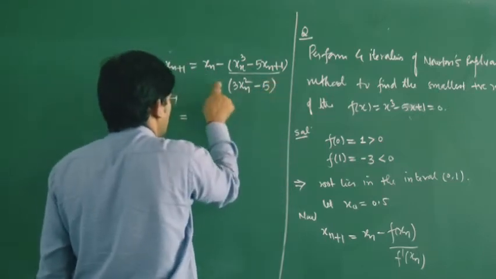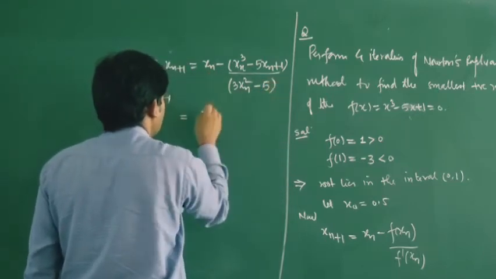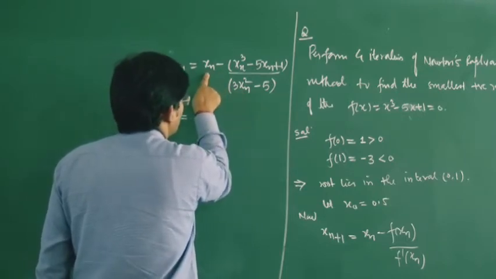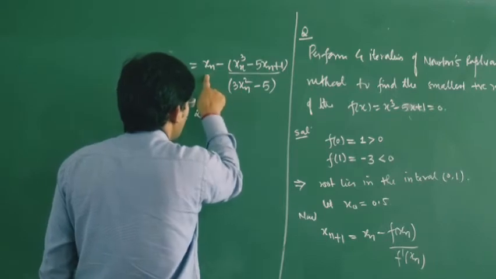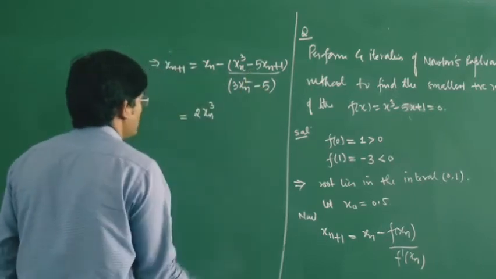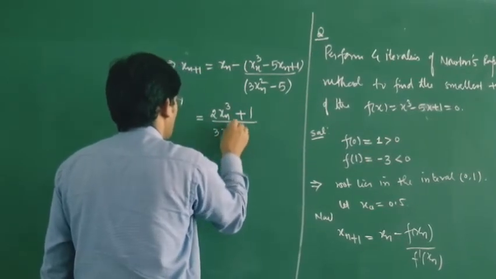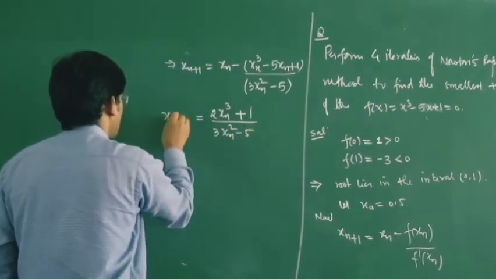On cross multiplication this gives 3x_n^3 - x_n^3, so we have 2x_n^3, then minus 5x_n plus 5x_n, which is 0. So x_{n+1} = (2x_n^3 + 1)/(3x_n^2 - 5).